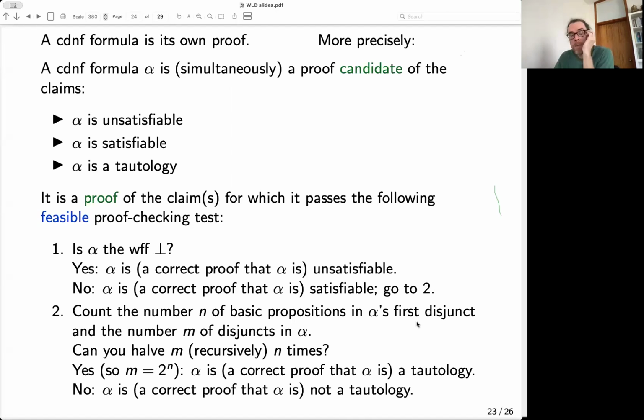Okay, so that proof checking procedure is polynomial. So here's the thought: suppose you thought intuitively a formula can't be a proof of itself. So you introduce this extra polynomial checkability requirement to rule that out.